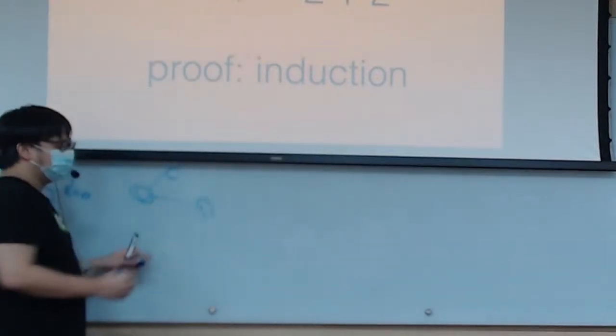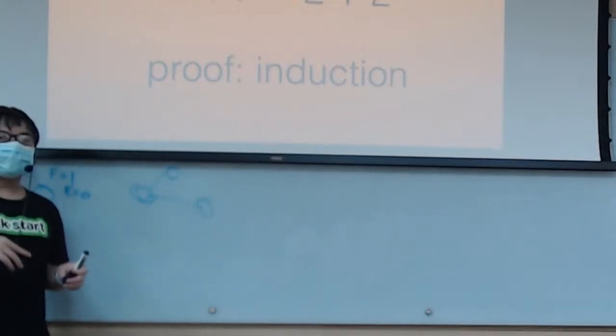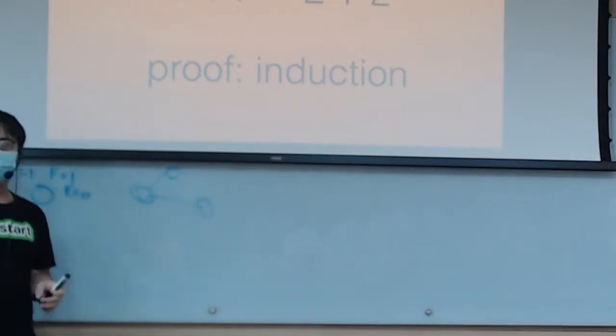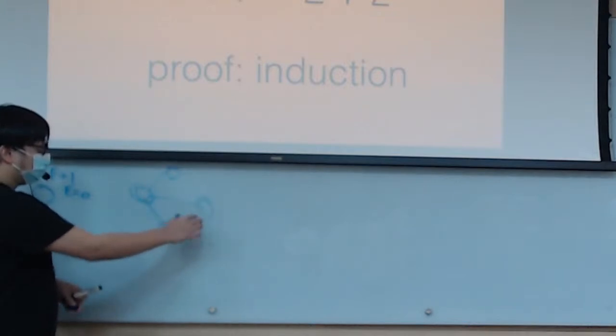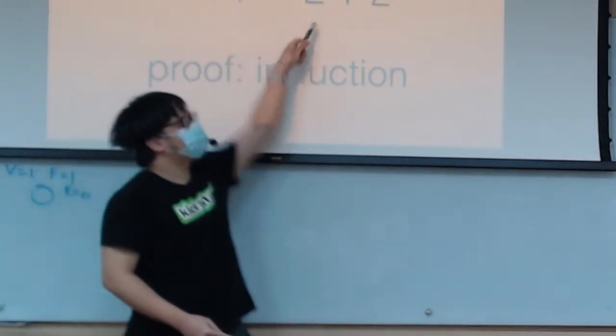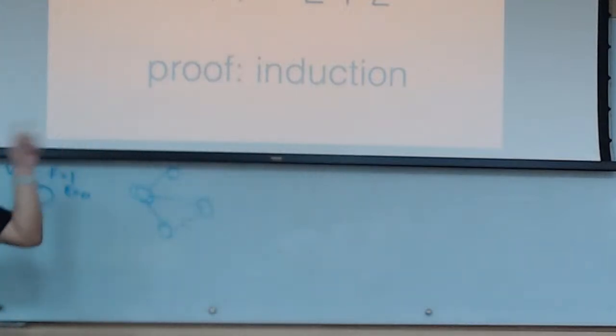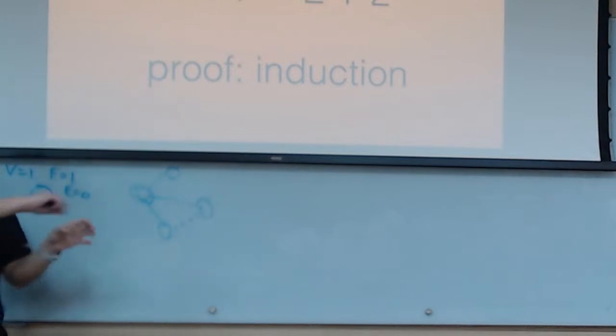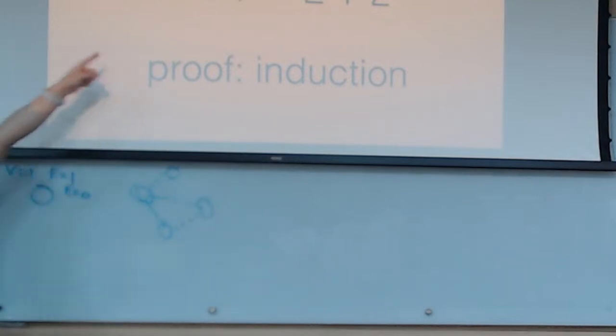And if you add an edge without creating a new node, you will increase one face. For example, if you add this edge, you will increase the number of faces as well. So both this and this will increase. This is true because you can start from here, and every time you add a new node or a new edge, this will remain true. So for any planar graph, even if it's very big, it's true by induction, right?